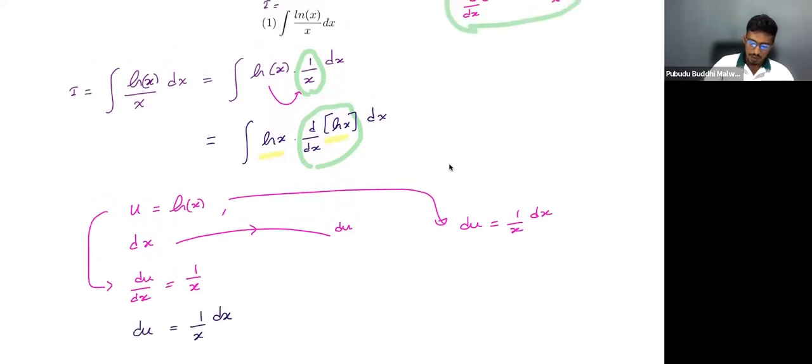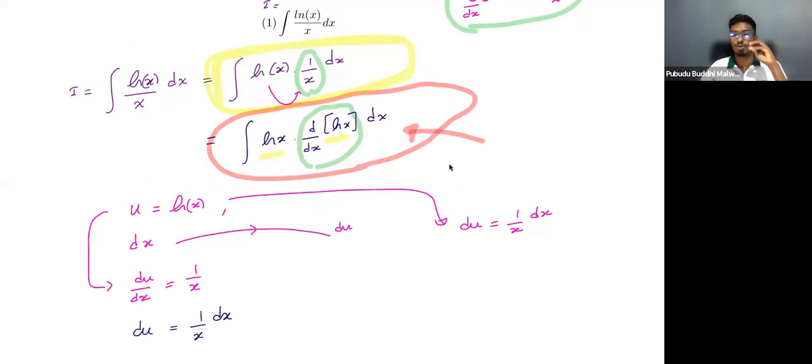Hence, focus on this part. This is the integral that we are going to integrate. Of course, that integral equals this, but we did this to identify the correct substitution. After identifying that, we can use this original integral.